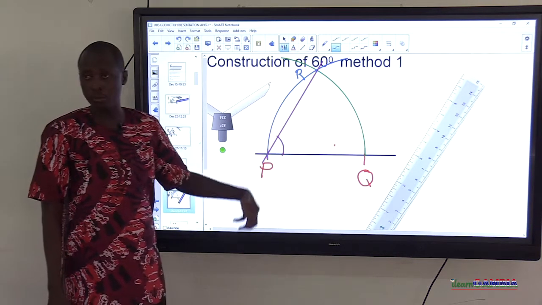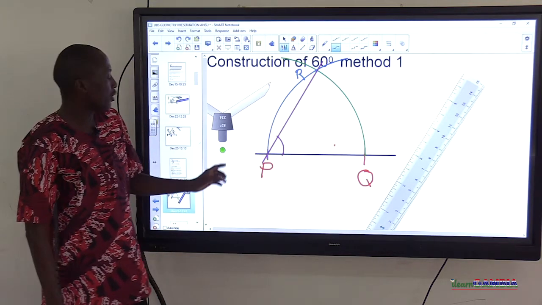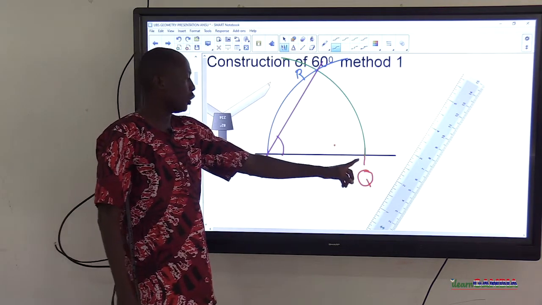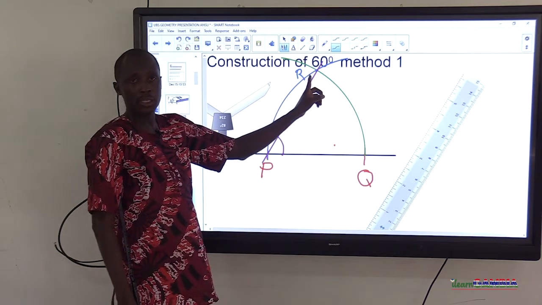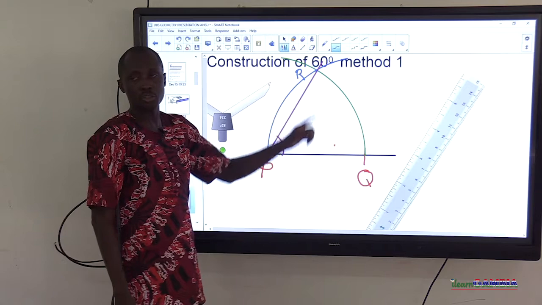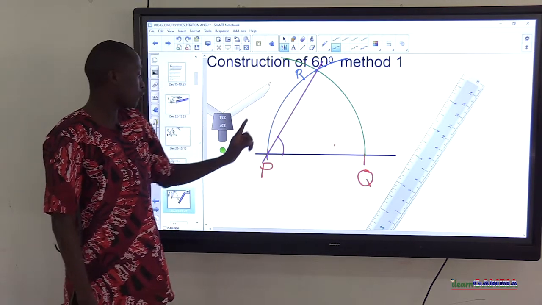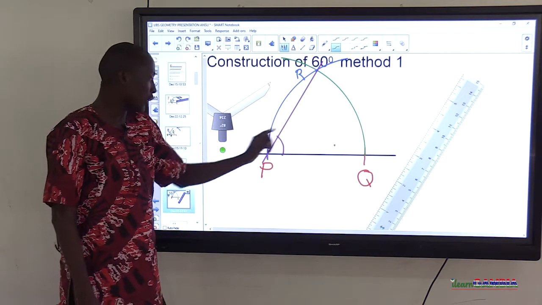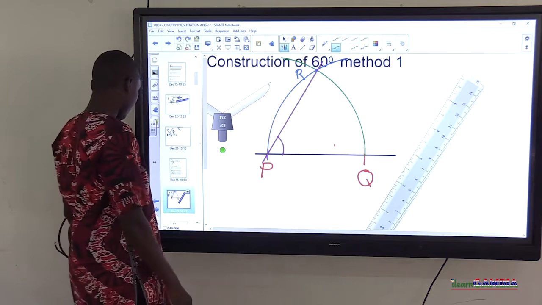If you want your angle to be down, you may draw it downwards. Then with the same radius, you stand at Q to draw another arc that will intersect the first one and refer to the point of intersection as R. Join the point R to point P, and the angle that is formed will be 60 degrees.